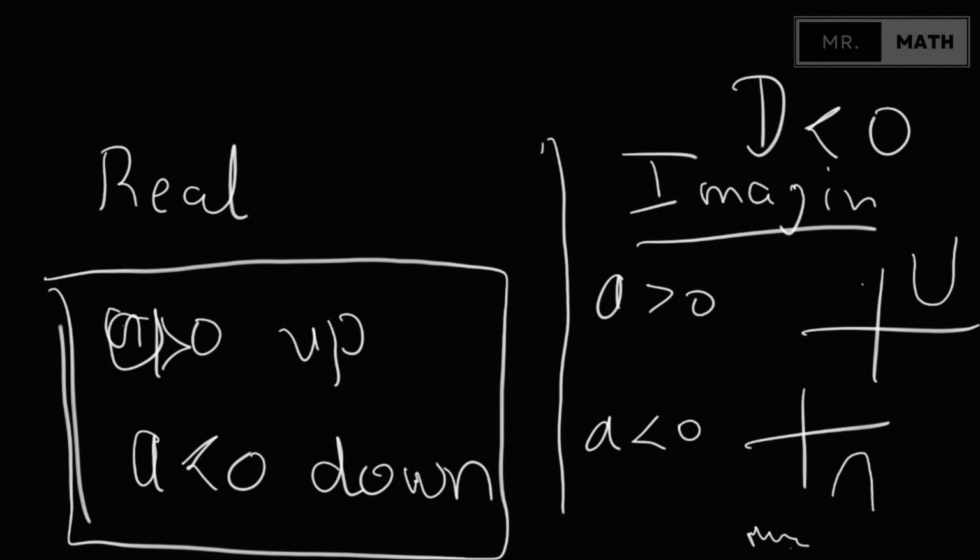If roots are imaginary and a is greater than 0, it would not cut the x-axis, but it would be an upward parabola, correct? And if roots are imaginary and a is less than 0, the graph would be a downward parabola and it would not cut the x-axis, correct?